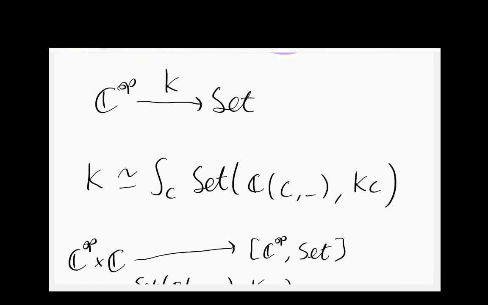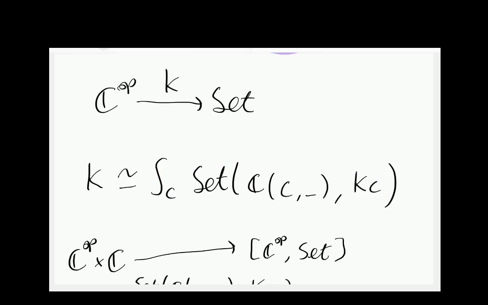So there's about 4 different formulas involving ends and coends, which can be thought of as kind of like the Yoneda lemma. So here is one of them. And what it says is that if we have a pre-sheaf K, then it can be written like this. Okay. So it's basically allowing us to write K as this kind of end.